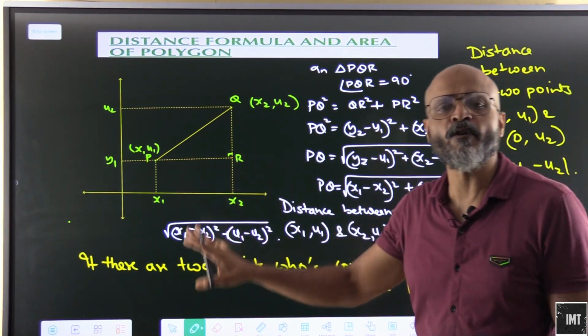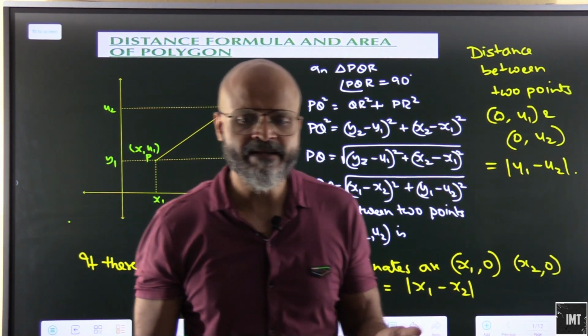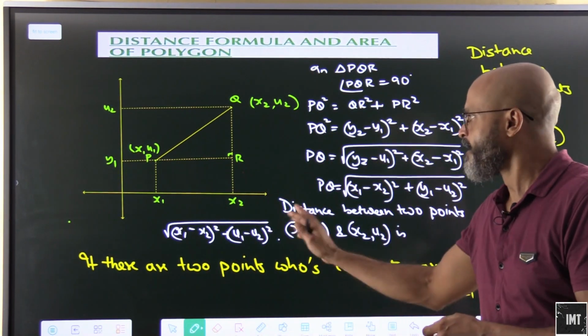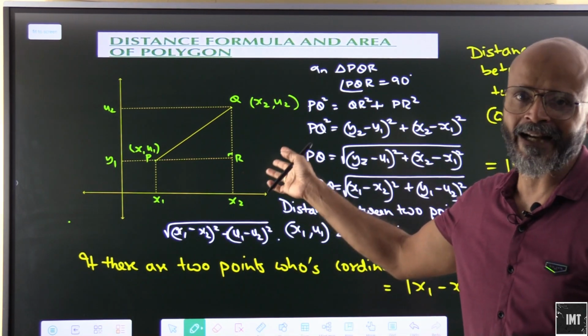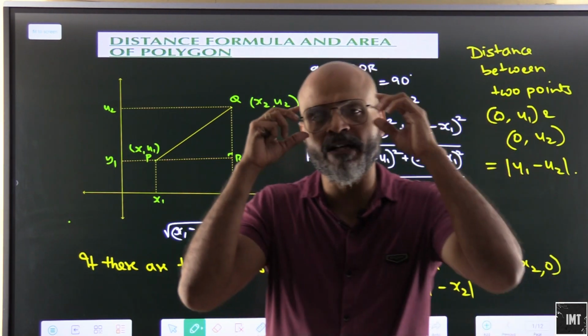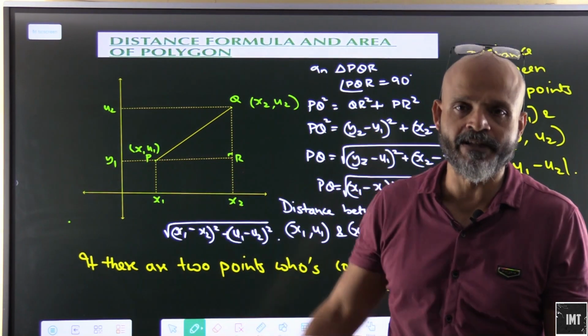This is a distance formula which most of us have actually covered in various boards, CBSE as well as various state boards in the 10th standard itself. Nothing new as such, but it will be applied in the coordinate system, and we will try and solve some problems which are on mains level as well as advanced level in IIT based on this concept here.